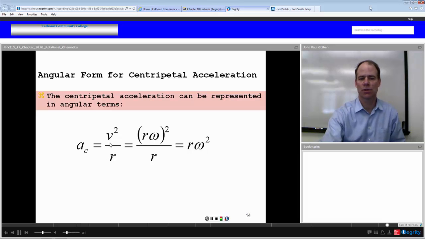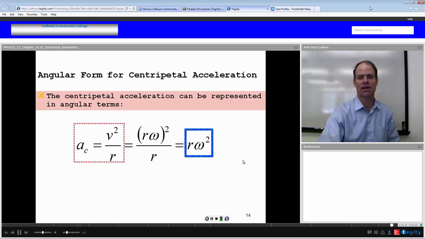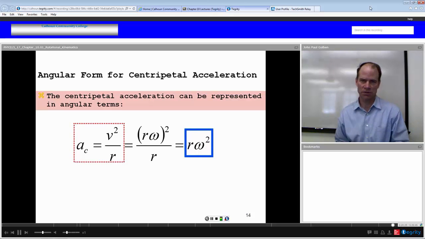Our centripetal acceleration is our linear velocity squared over the radius, but since our linear velocity is equal to the radius times the angular velocity, we have r omega squared over r. One of the r's will cancel out, and so we could express equivalently the centripetal acceleration as being the radius times the angular velocity squared.